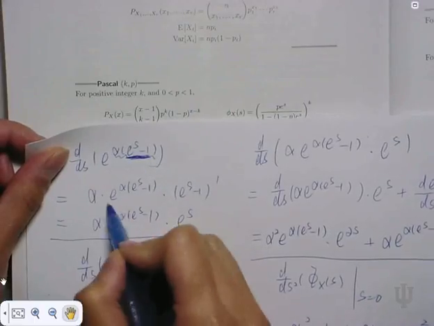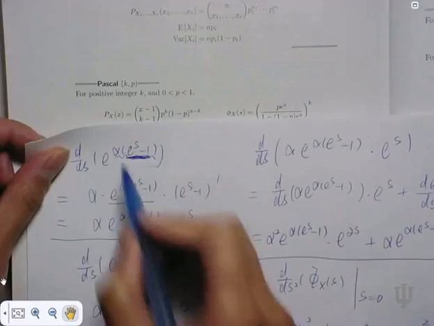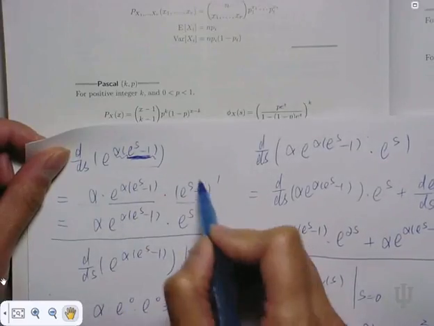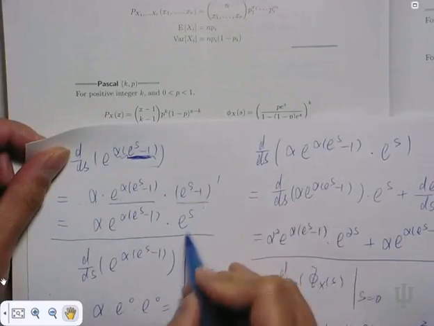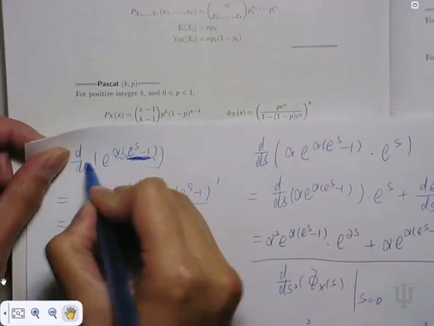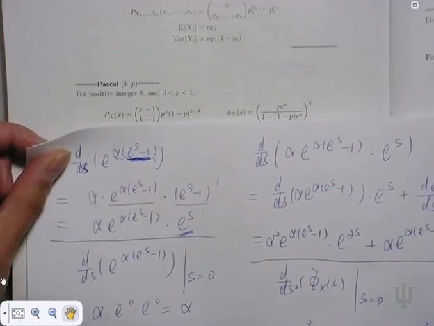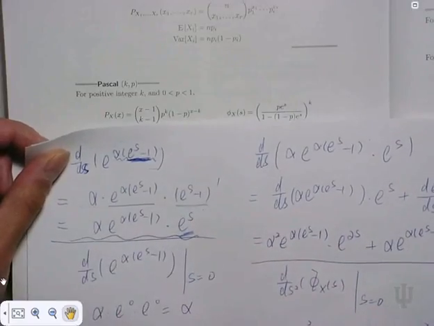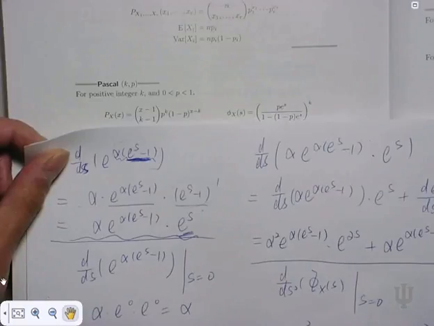Then everything here remains the same. Derivative for this is this, right? And do the derivative of this, you get e to s, because you are doing the derivative for s, d function ds, right? See, this is my result after differentiation.